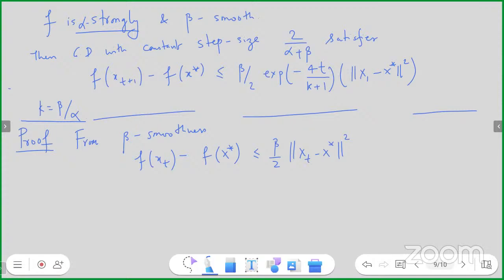It's like two steps, right? First, we know that f is strongly convex. No, you don't need that.